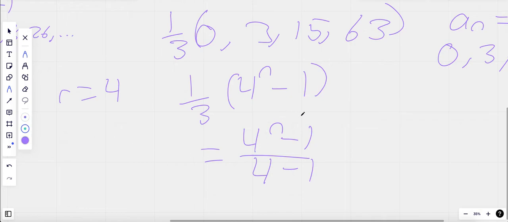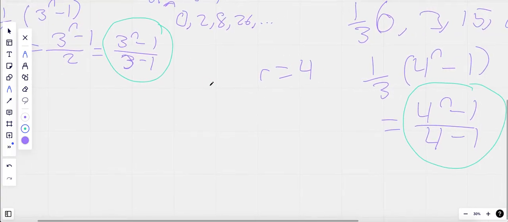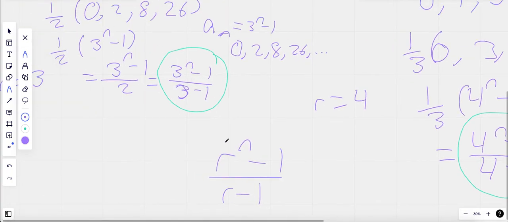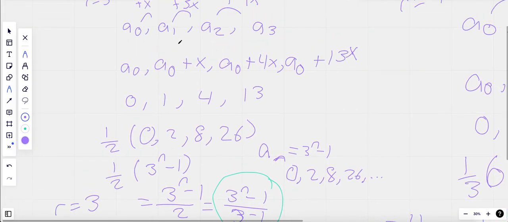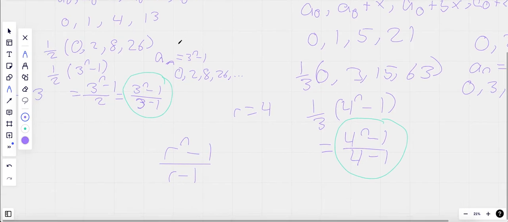If we take a look at what we have here and what we have over here, we can see that in both cases, we're doing the common ratio to the n minus 1 divided by the common ratio of the differences minus 1. So we can say that this is r to the n minus 1 divided by r minus 1, as what is happening is the coefficient for the x for every one of these sequences.